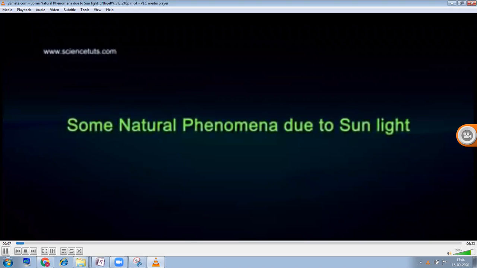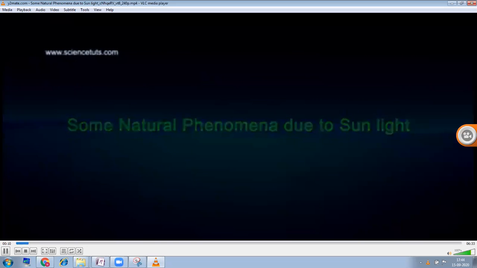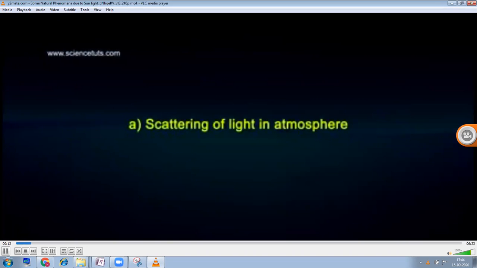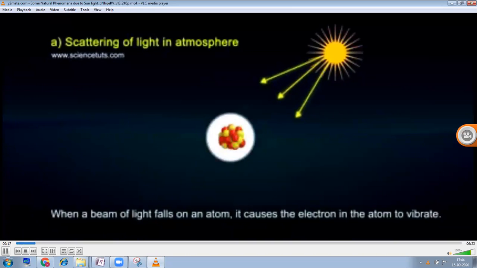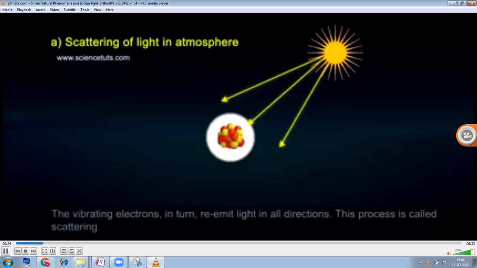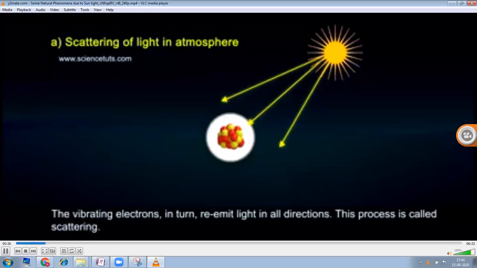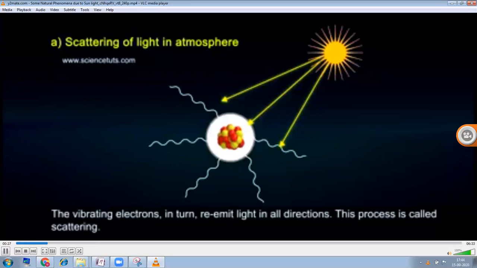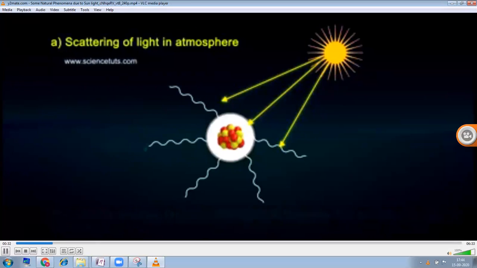Some natural phenomena due to sunlight. A. Scattering of light in the atmosphere. When a beam of light falls on an atom, it causes the electron in the atom to vibrate. The vibrating electrons, in turn, re-emit light in all directions. This process is called scattering.